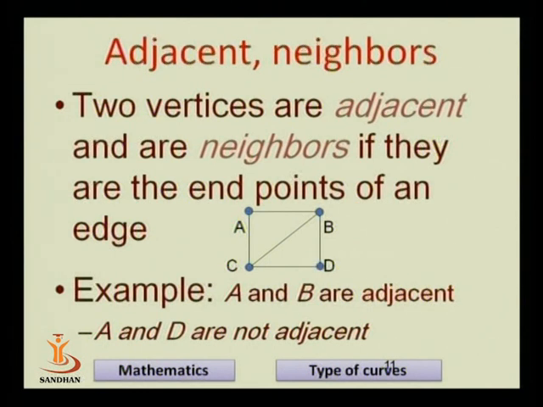Here in this graph we see A and B are adjacent vertices because they are endpoints of the same edge, while vertices A and D are not adjacent because they are not end vertices of the same edge.